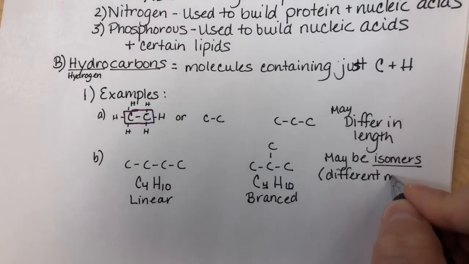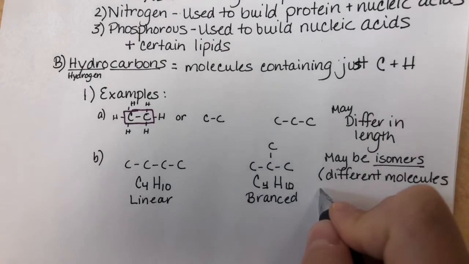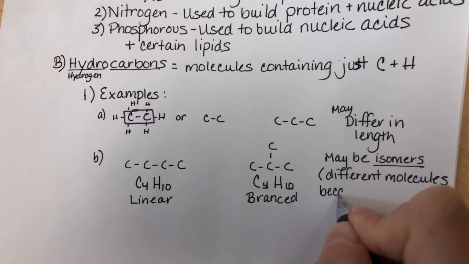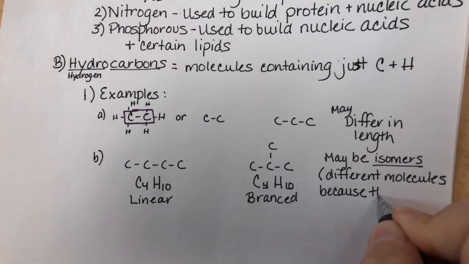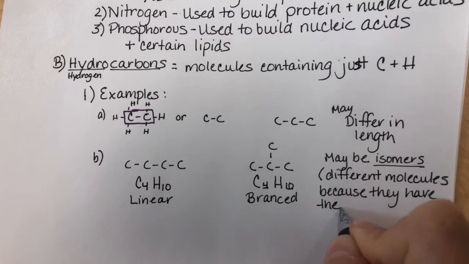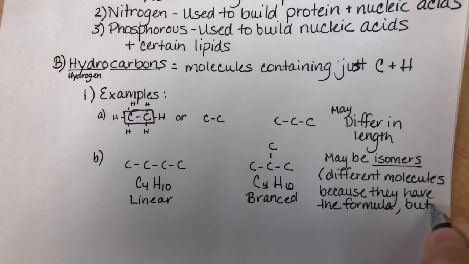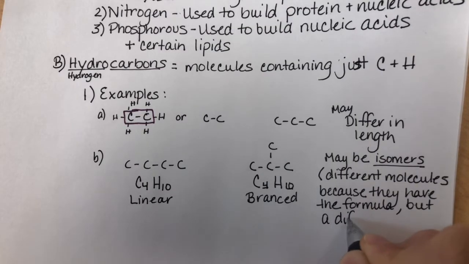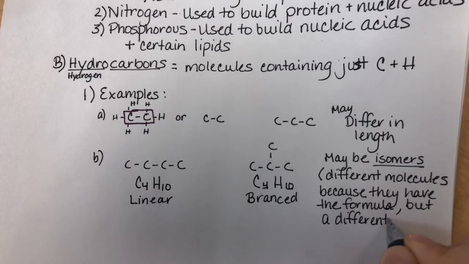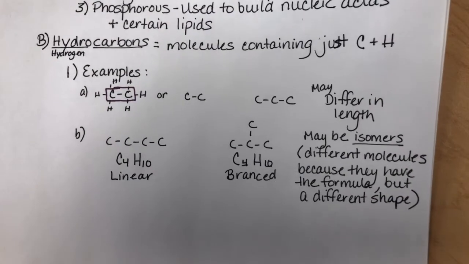They're different molecules because they have the same formula but a different shape, and that makes them a different molecule, and that makes them have a different purpose in the body or in the cell or wherever it may be.